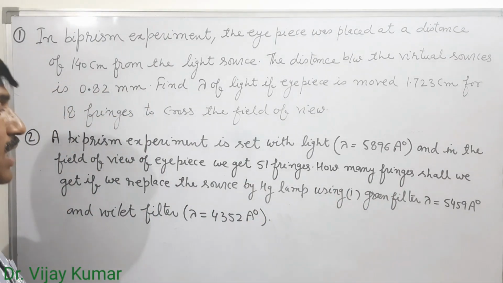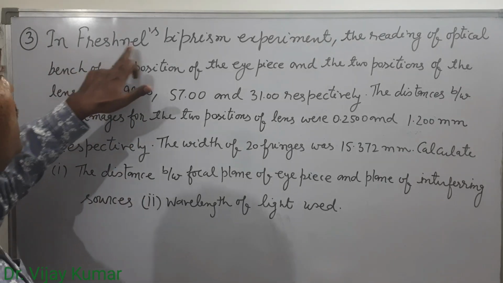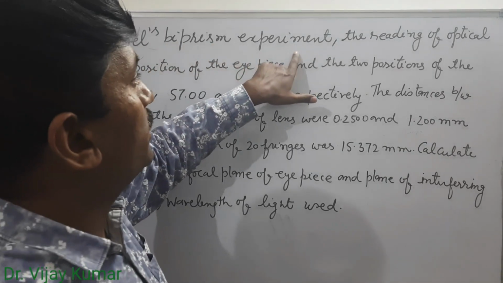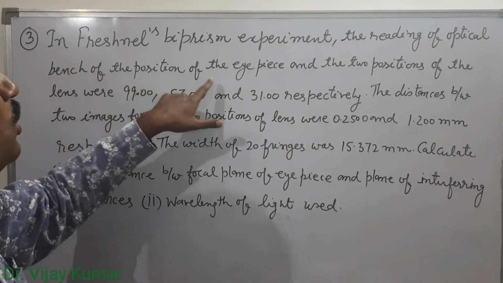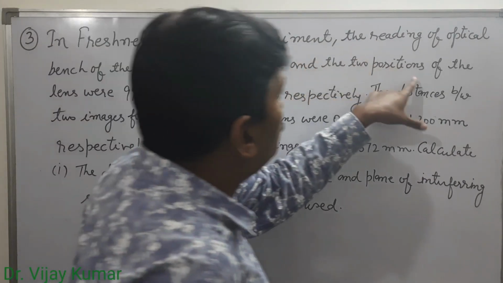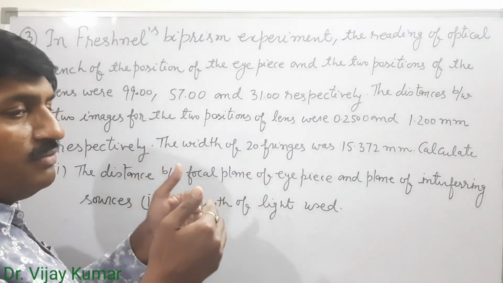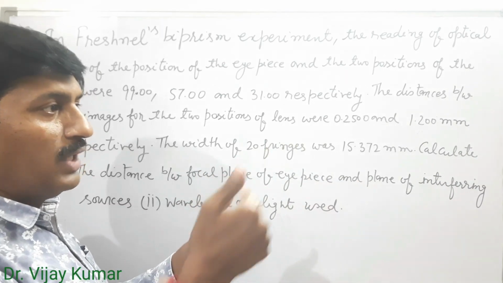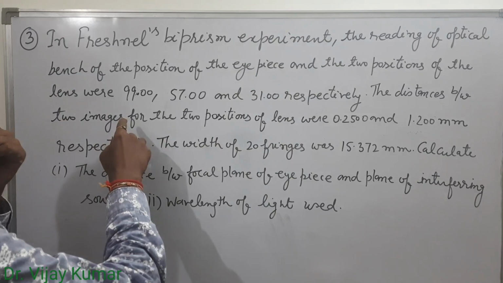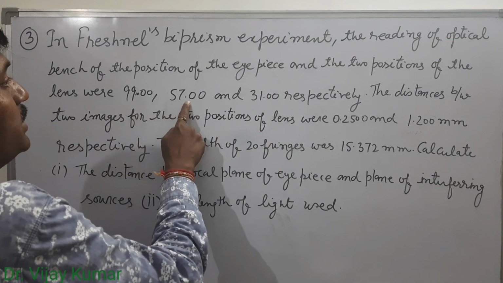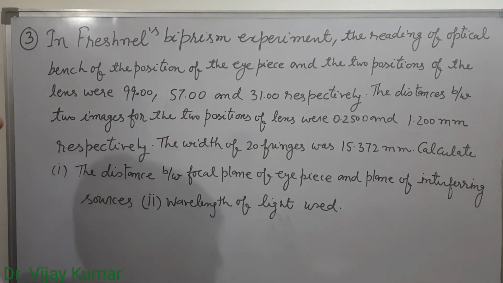This is the second problem. Third problem: in Fresnel's Biprism experiment, the readings of the optical bench give the position of the eyepiece and two positions of the lens. In the displacement method we have two positions of one lens, and the readings of these two positions are 99, 57 and 31 centimeter.